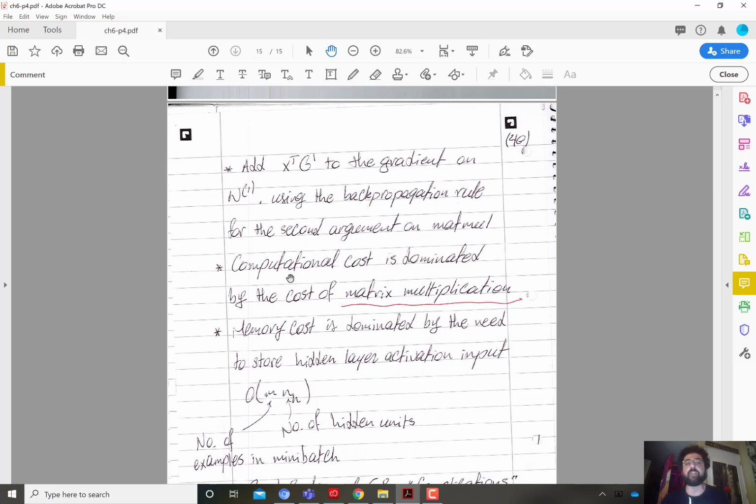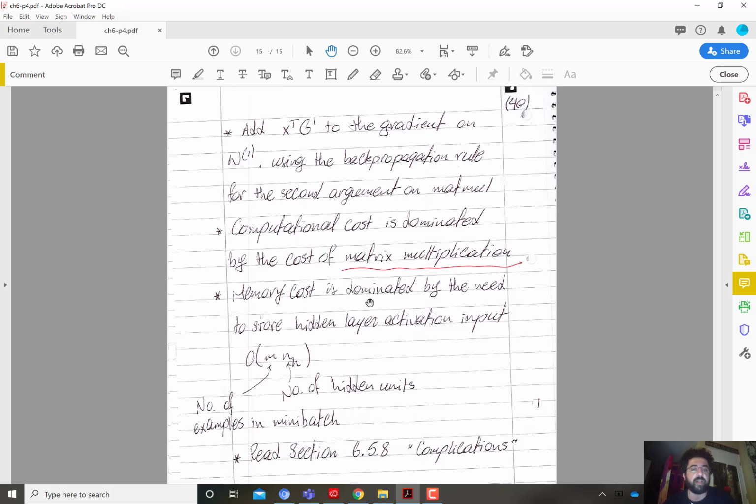Since the computational cost of deep learning training is dominated by matrix multiplication, the hardware specifically designed for parallelizing it turned out to be very useful. So that's one of the reasons why you see GPUs speeding up training of deep learning algorithms.